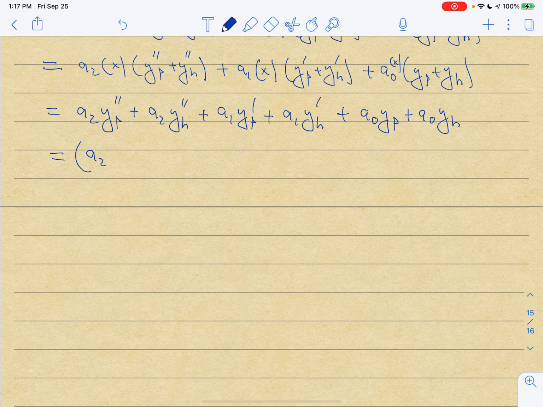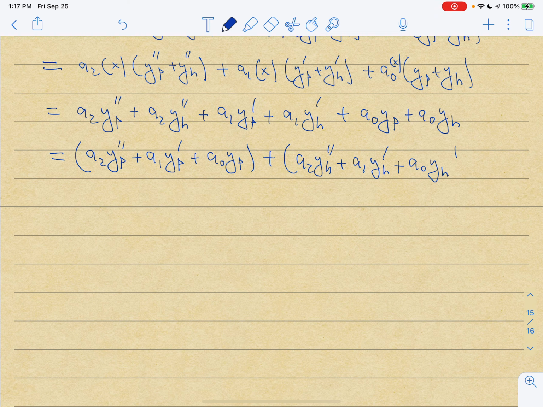So a2 yp double prime plus a1 yp prime plus a0 yp, that's the first parenthesis, plus a2 yh double prime plus a1 yh prime plus a0 yh.